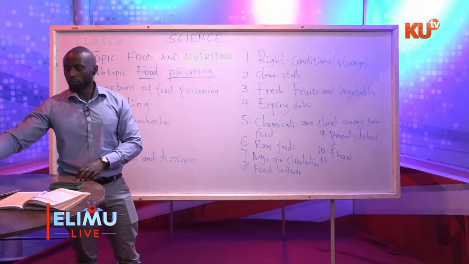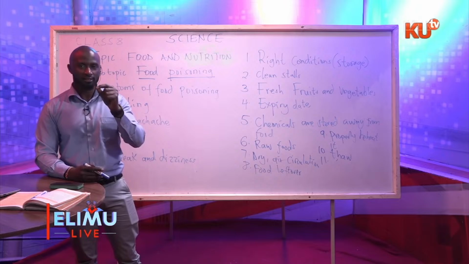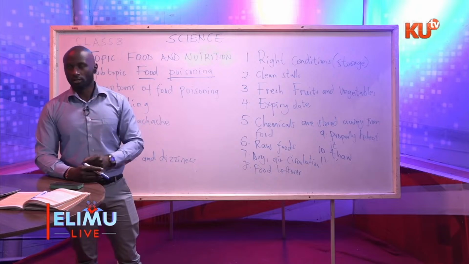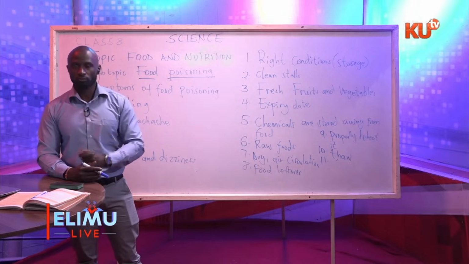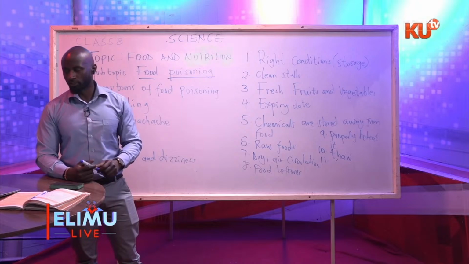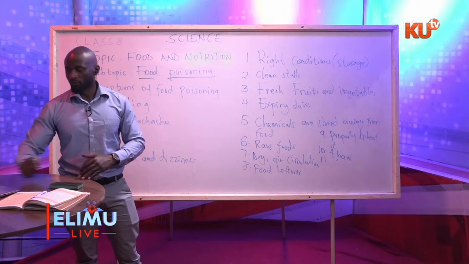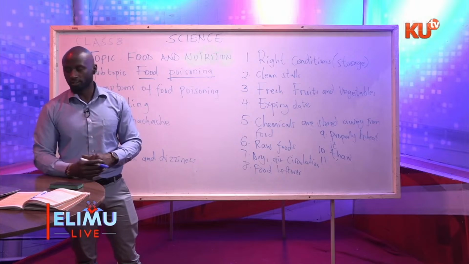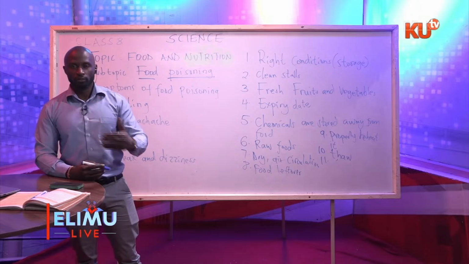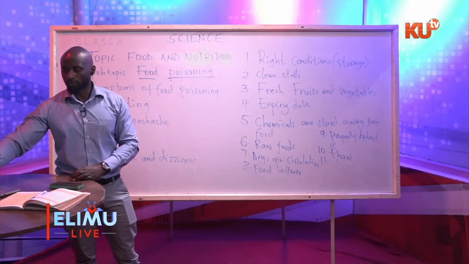We have also mentioned symptoms of food poisoning, and I've said clearly that symptoms are feelings, sensations, and they're different from signs, because signs are observable characteristics, all the way from violent diarrhea, severe stomachache, vomiting, fever, feeling weak and dizzy. And we've talked of the food hygienic practices that we should practice.